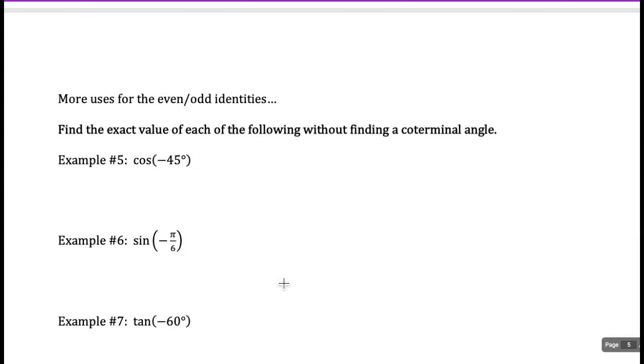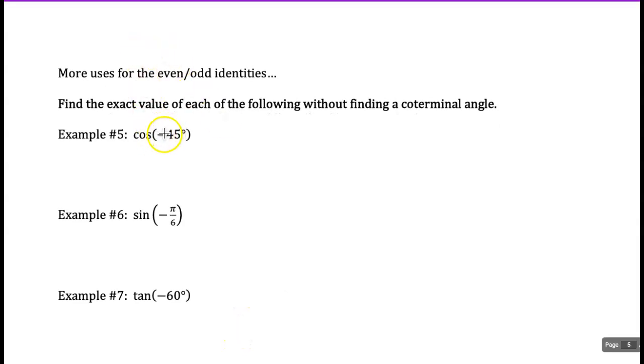So we'll go down here. The cosine of negative 45, if you look at your even and odd identities, cosine's even, so this is actually just equal to the cosine of 45 degrees, and the cosine of 45 is root 2 over 2. If you want the sine of negative pi over 6, since sine is odd, that's equal to the opposite of the sine of pi over 6.